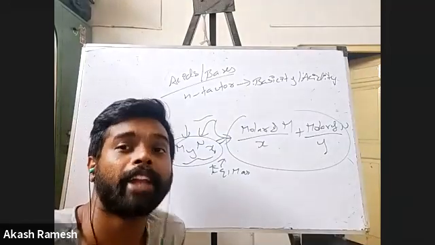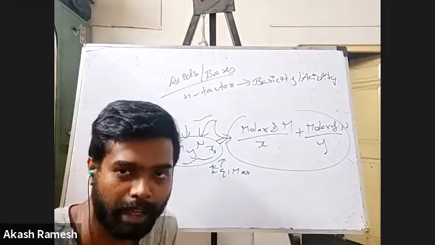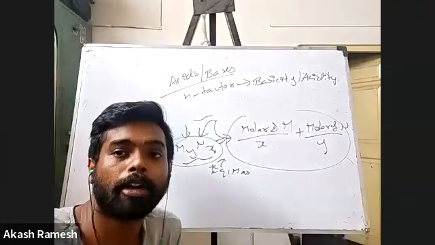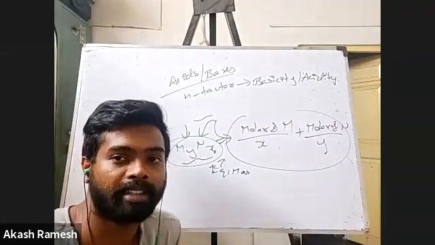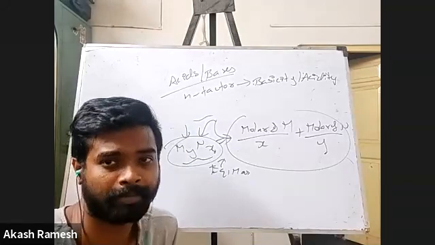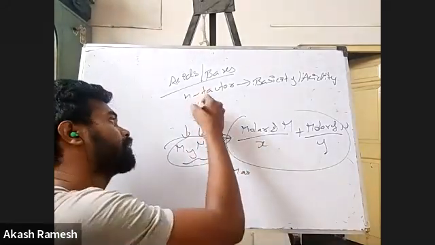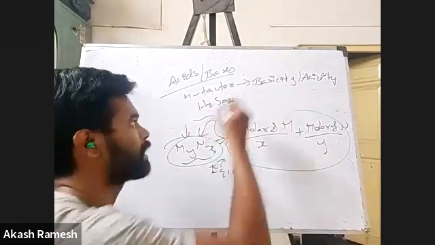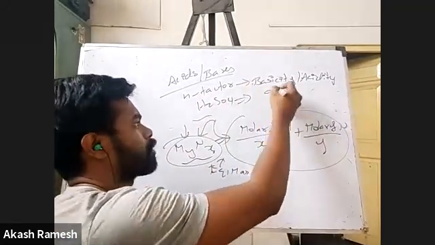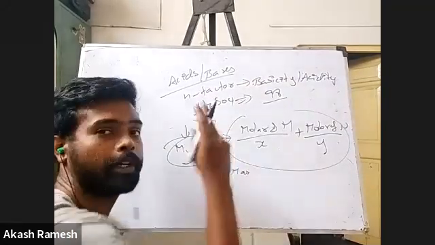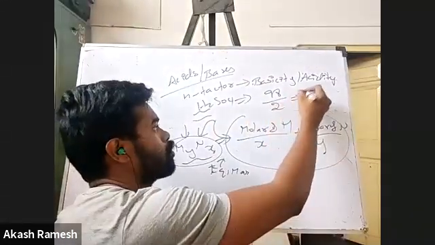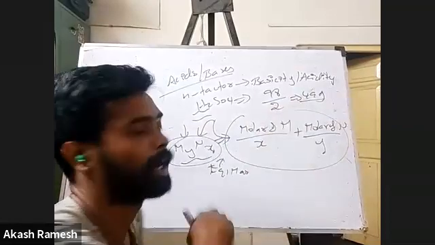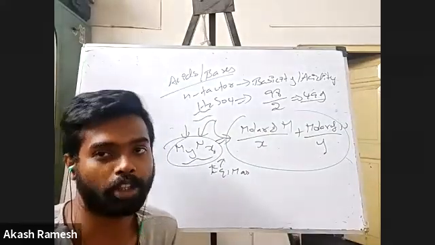Basicity is the number of H+ that a particular acid can give, and acidity is the number of OH- that a particular base can give. So if I ask you the equivalent mass of H2SO4, pretty easy: the molecular mass of H2SO4 is 98, and it can give 2 H+, so divided by 2 it becomes 49 grams.